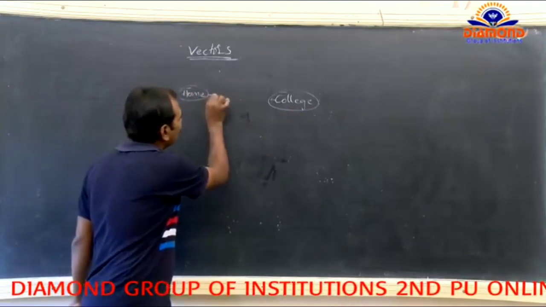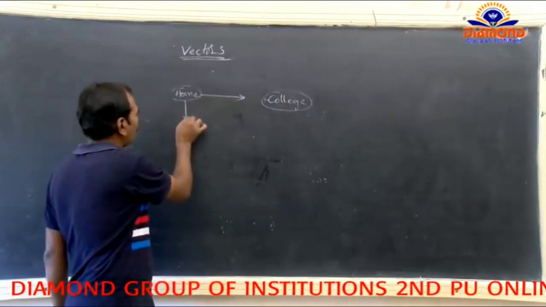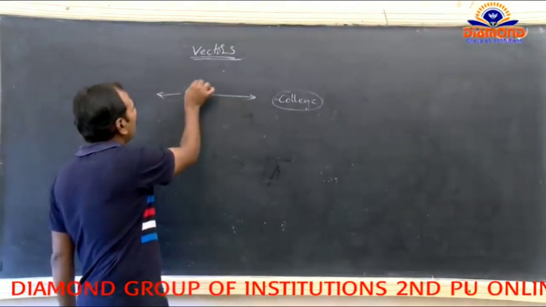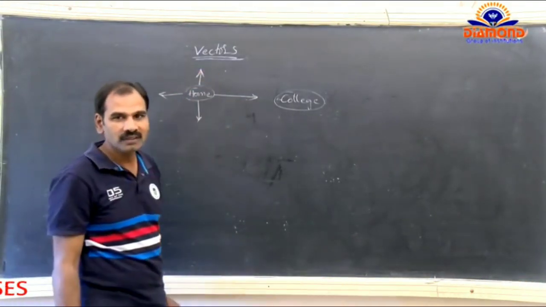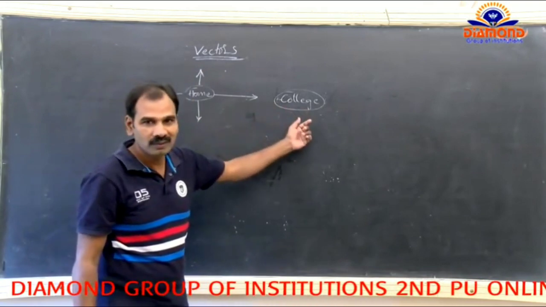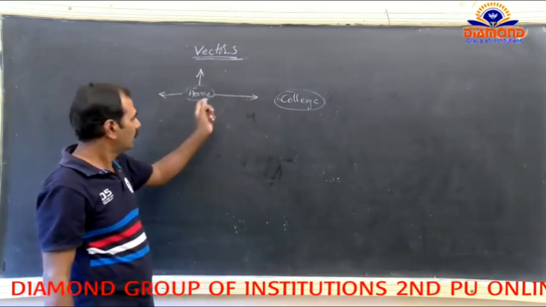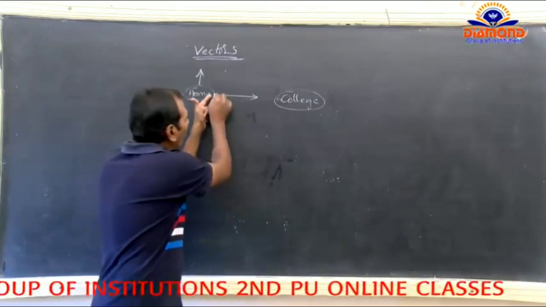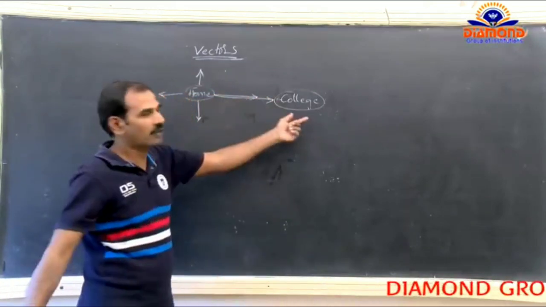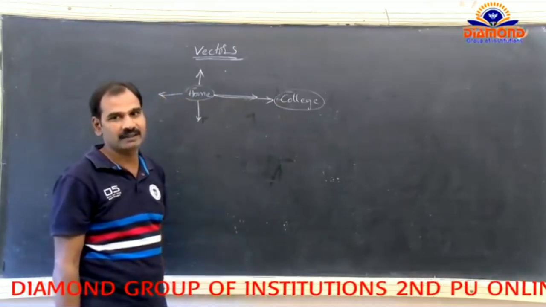You can go this way or that way, this side or that side. First of all, which side is your school? So first you select the side. Afterwards, what is the distance to your college? That is the second thing.